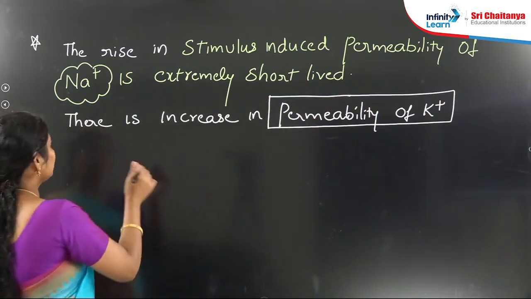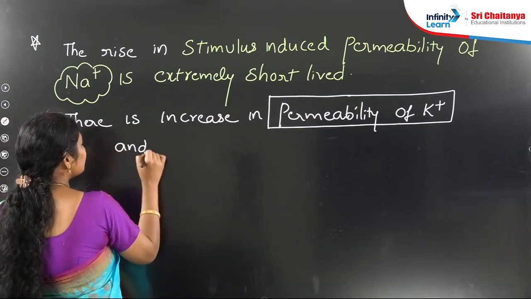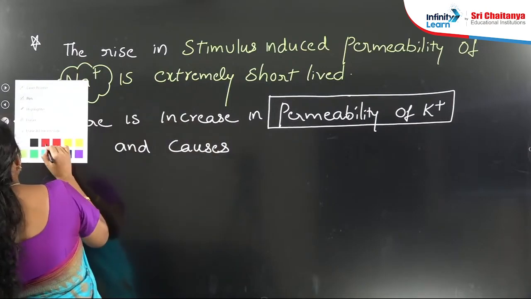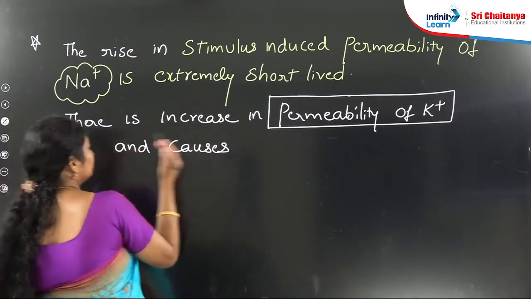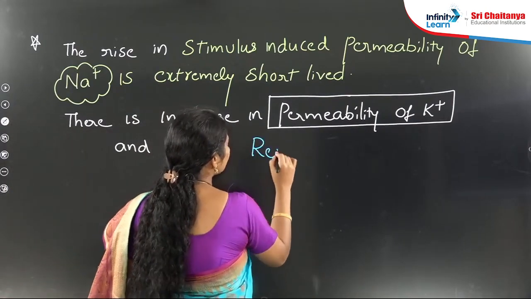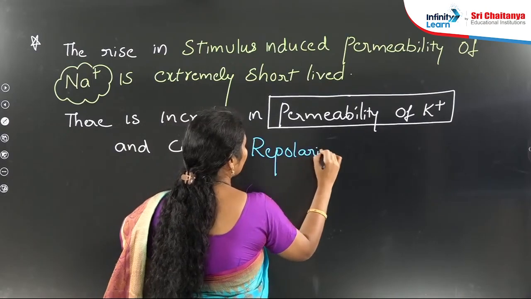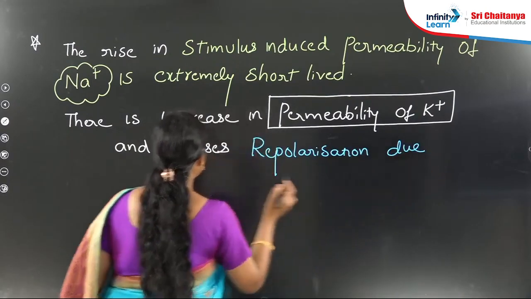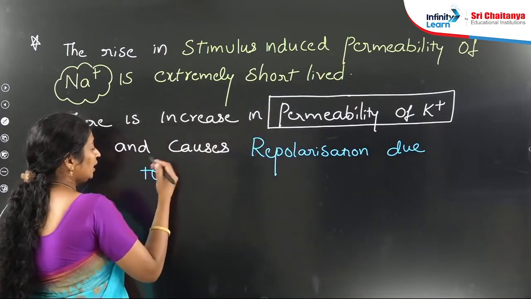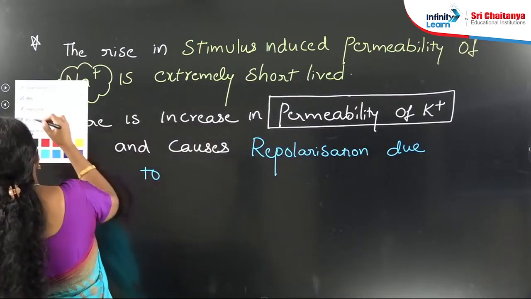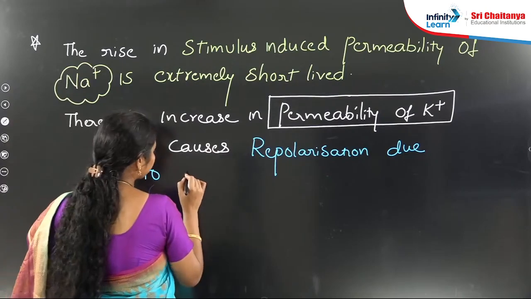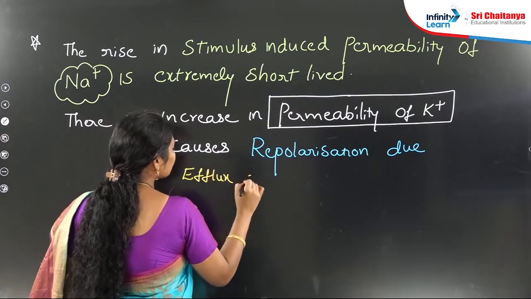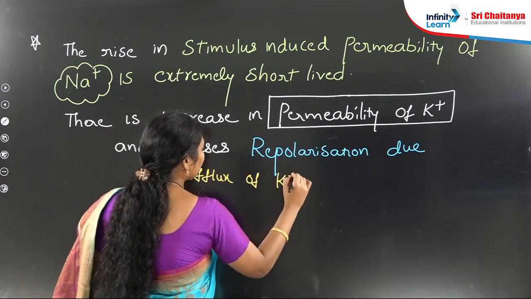permeability of potassium and it causes repolarization. This repolarization is mainly due to efflux of potassium.